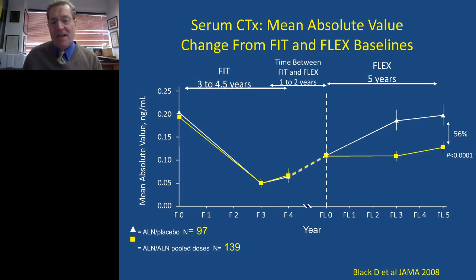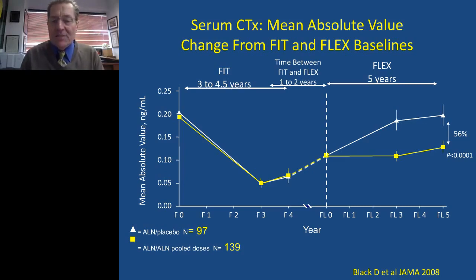The FLEX data, the so-called Fosamax long-term extension, was the women that agreed to go on for 5 more years, and it was the treated group that agreed, that were re-randomized into either continuing treatment, shown in the yellow, or coming off.